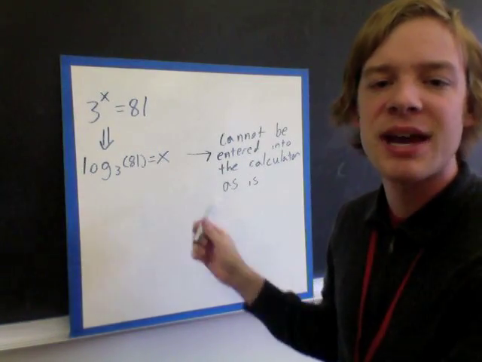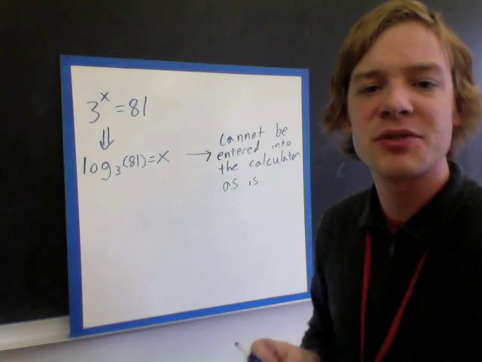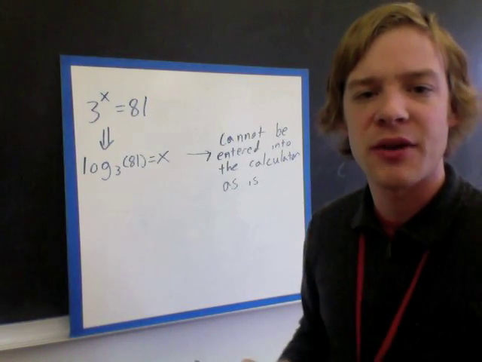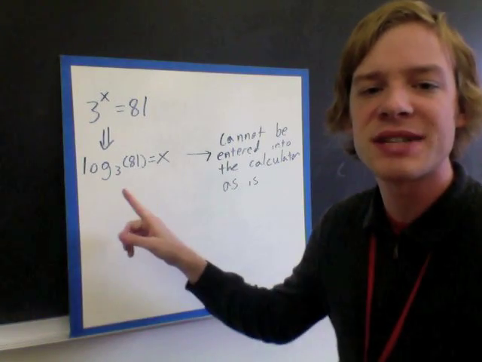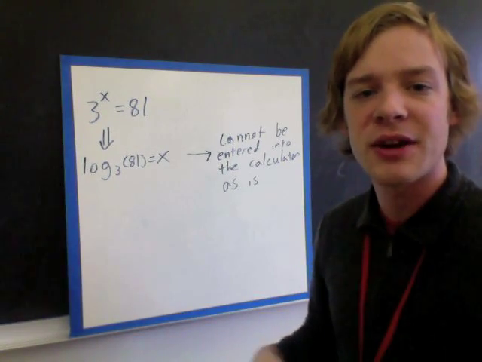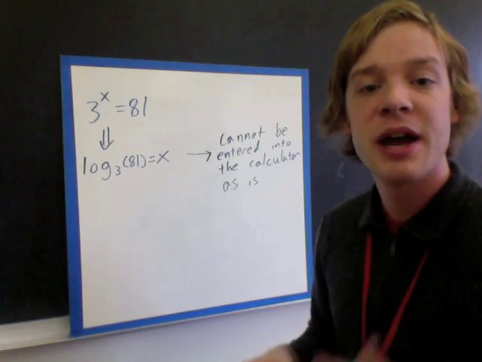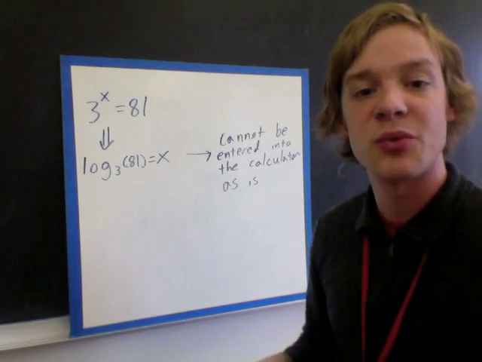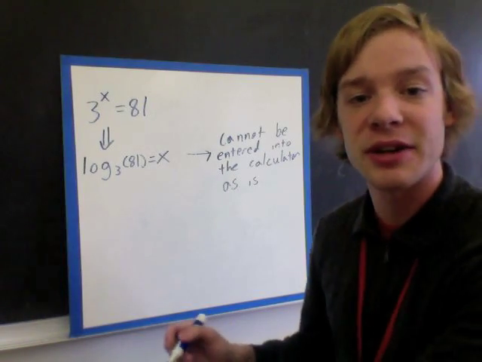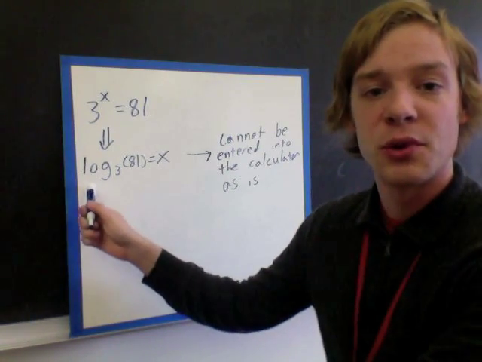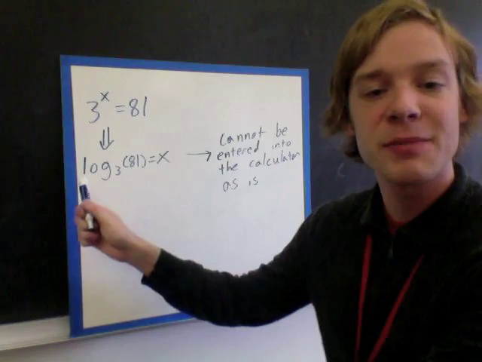However, this can't be entered into the calculator as it is right now. The calculator can actually only do a base of 10, so we would have to have a little 10 down here in order for the calculator to do it automatically. However, we have one way that we can work around this. The way we would enter it in the calculator is the log of 81 divided by the log of 3.